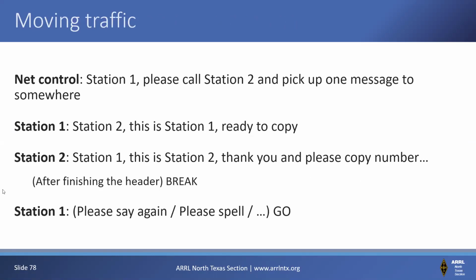So the way this would work is, after figuring out who can route what, the net control station would have those two stations connect, and say, okay, this is K8AMH, I'm ready to copy your traffic. And then they would read the header and the address and phone number and then break. And then I would either say, please say again phone number, or please say again city, or please spell city. Or when I'm ready to go, I would say go text, go ahead.